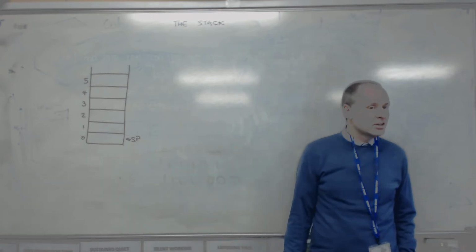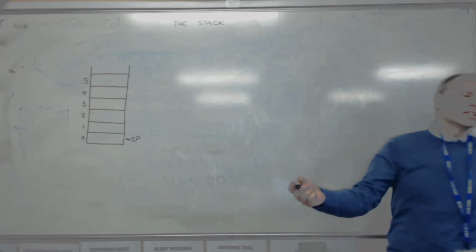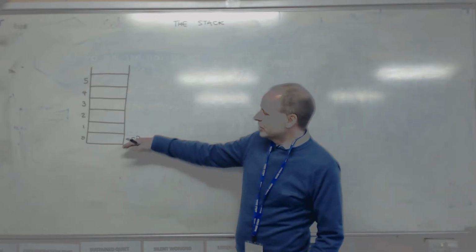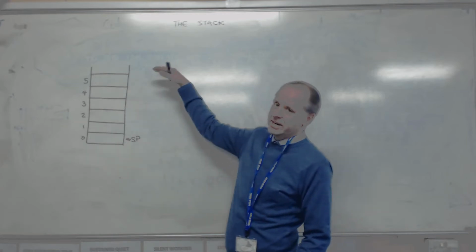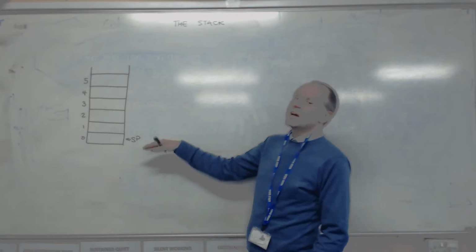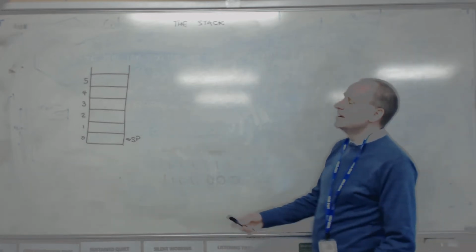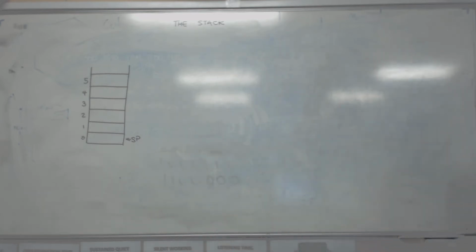We can use an array to hold the stack. And we visualize these stacks as a structure that grows upwards. Okay? And shrinks downwards. In reality, in most CPUs that I've ever programmed, the stack actually goes down from the top of memory.